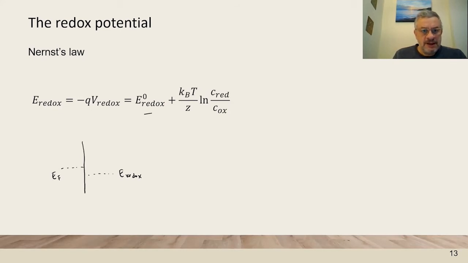So since there is exchange, there will be achieving equilibrium, and in this case, this happens by making an interfacial layer, which is called the Helmholtz layer. So in this case, there will be an equilibrium between the metal and the electrolyte.